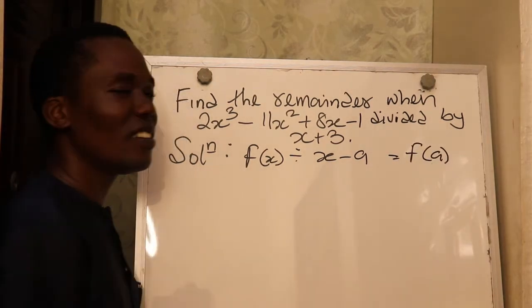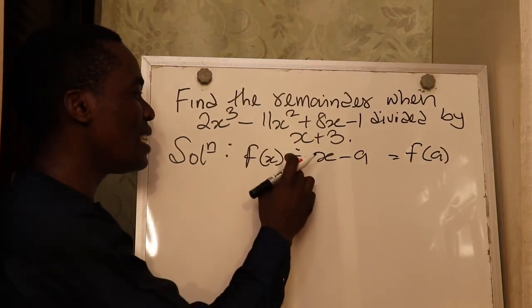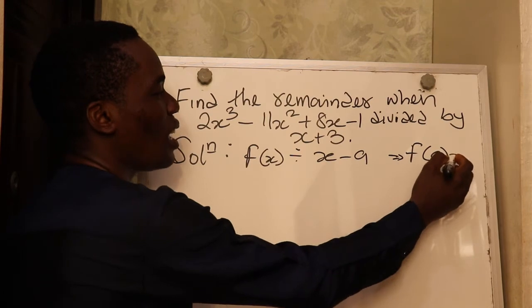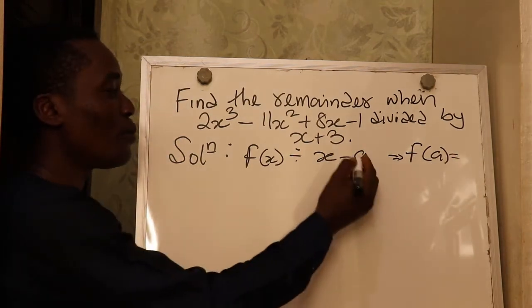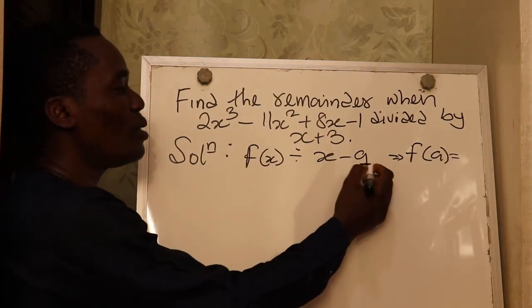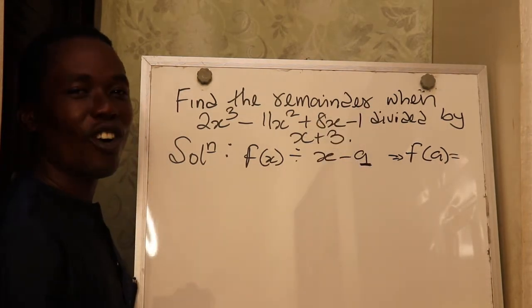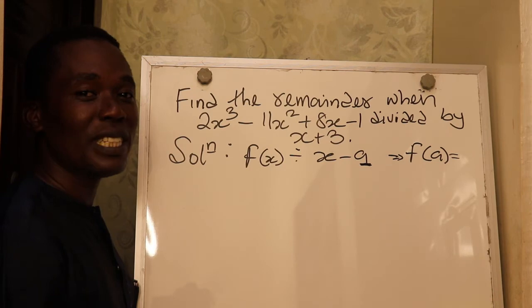Of a. The remainder will be the value that f(a) will produce, and that is what the remainder theorem states.